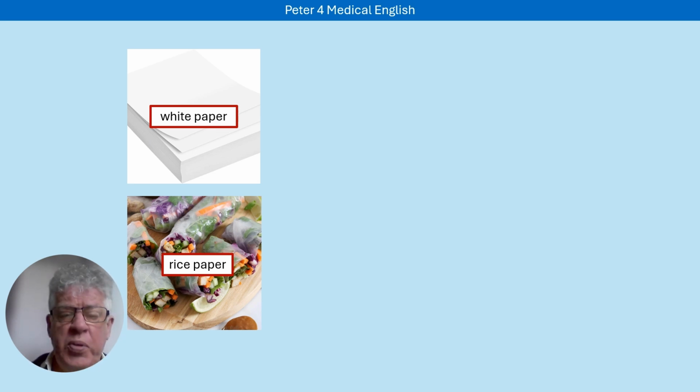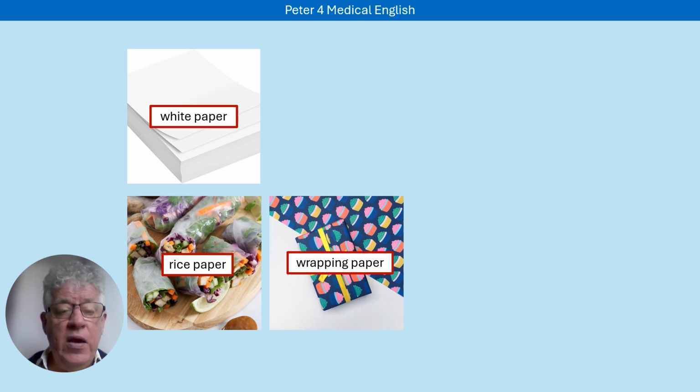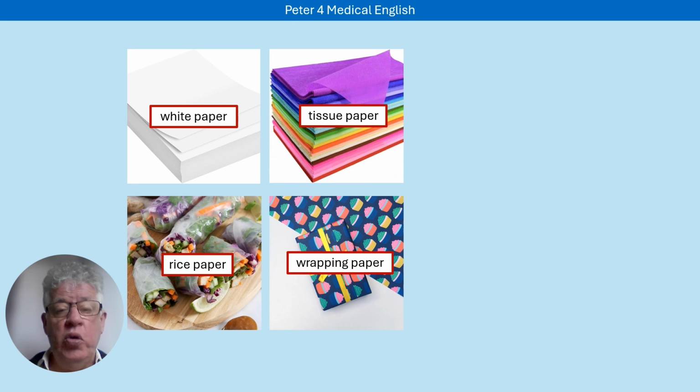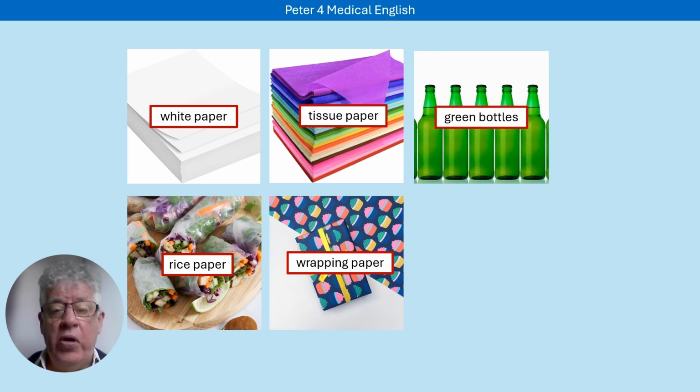So the difference between an adjective and a noun and a compound noun is that a compound noun classifies, groups, says what type of thing this is. So we've got rice paper. If you give a present, you will give it in wrapping paper. We also have tissue paper, a type of paper. The same could be said for bottles. We have a green bottle.